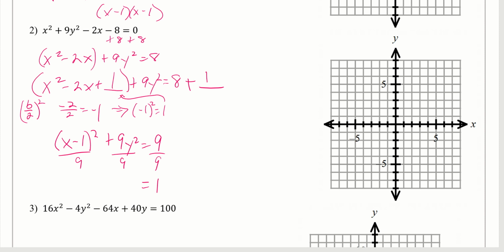So I'm going to do x minus 1 squared over 9 plus, I know 9 over 9 is 1, but in this case it might be helpful just to show you y squared over 1. Okay, because I want to have an a and a b value.